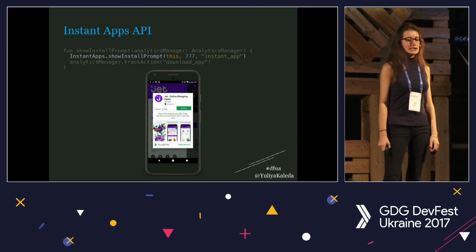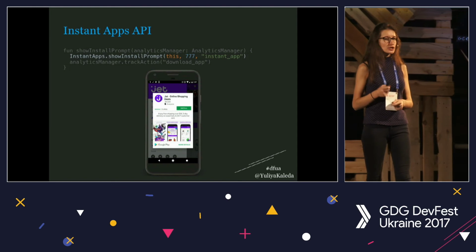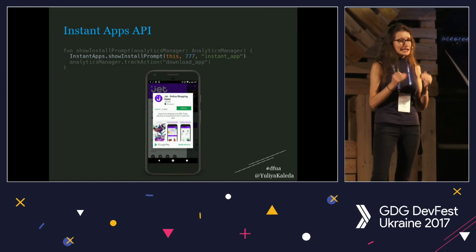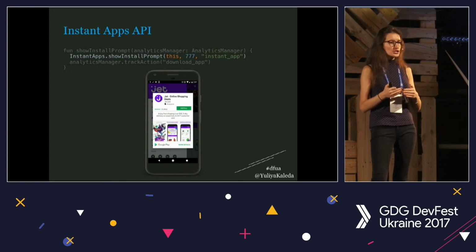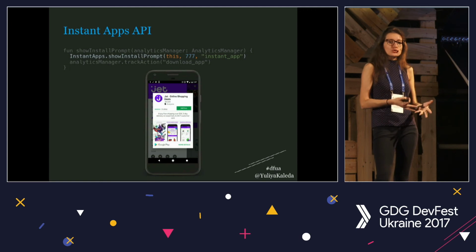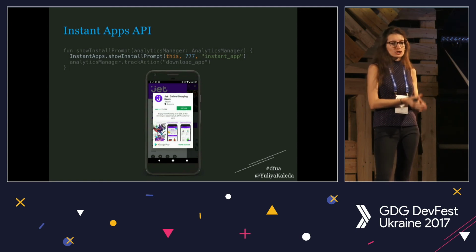Another useful method is showInstallPrompt. And what is it used for? I always try to tell people that you don't need to strive to make your Instant app have all the features that you currently support in your regular installable application. At jet.com, we do that, but it's not a requirement. You do need to make sure that all the features in the Instant app are also supported in the regular installable application.